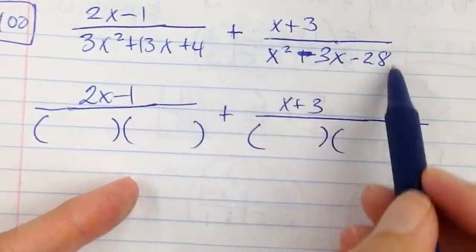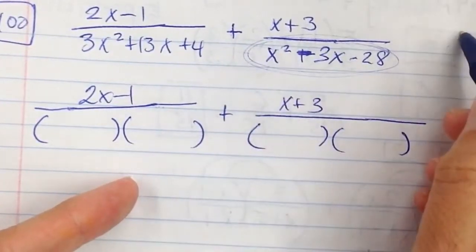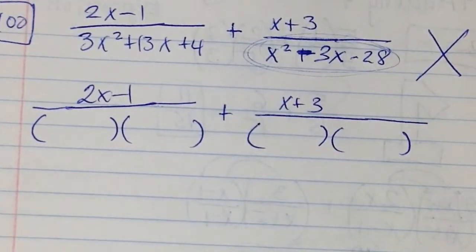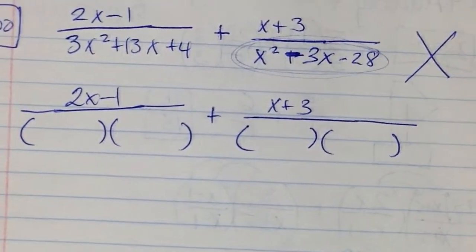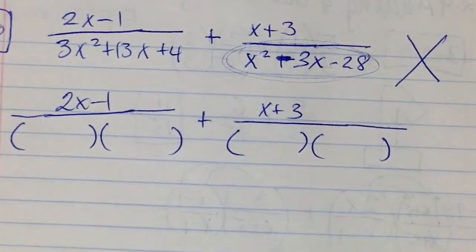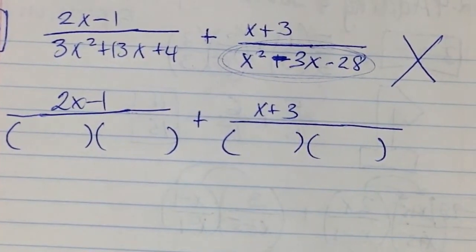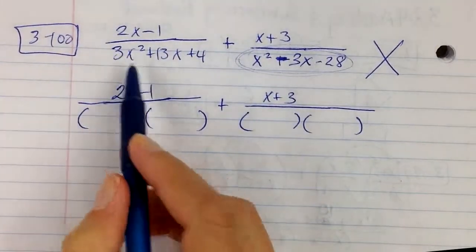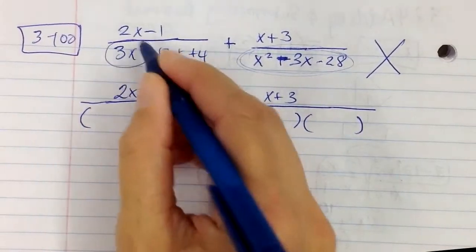You should definitely be able to kind of do this one in your head. If you want to use the diamonds, you can. That's all you need to use for that one. To factor this one, because it's got a 3x squared, 3x and x have to go there.